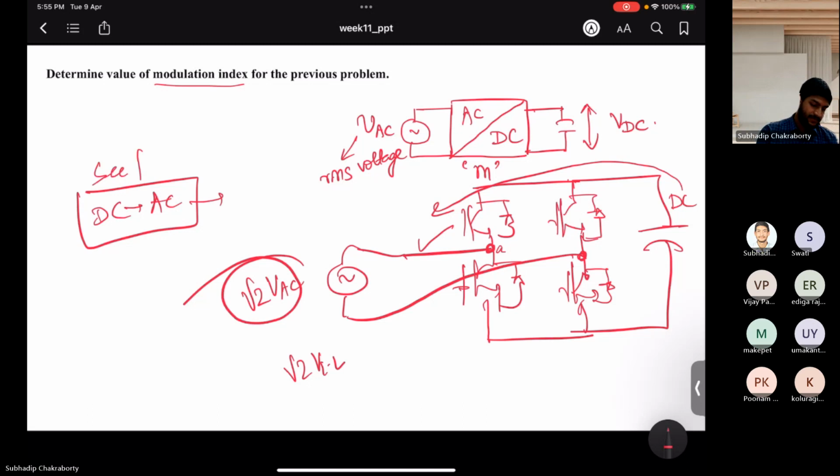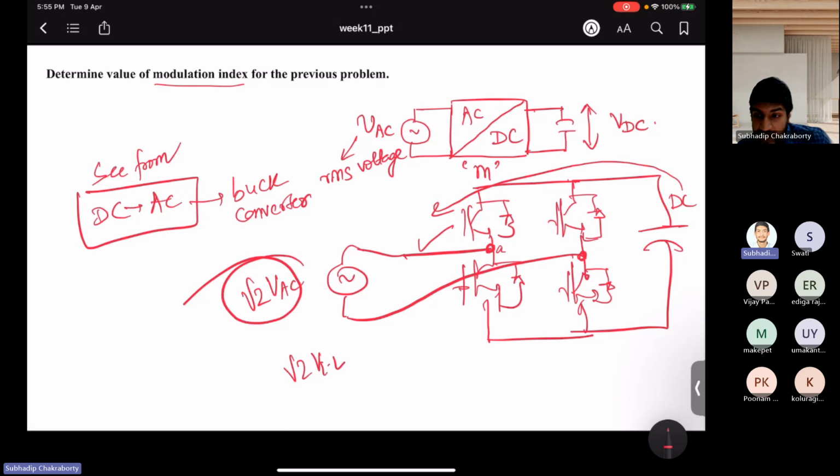See from DC to AC, right? If you provide some DC voltage, you get some AC voltage out of it. So what is that action? Inverter is nothing but a buck converter. If you see closely, an inverter is nothing but a buck converter operating at line frequency, which is 50 Hertz.